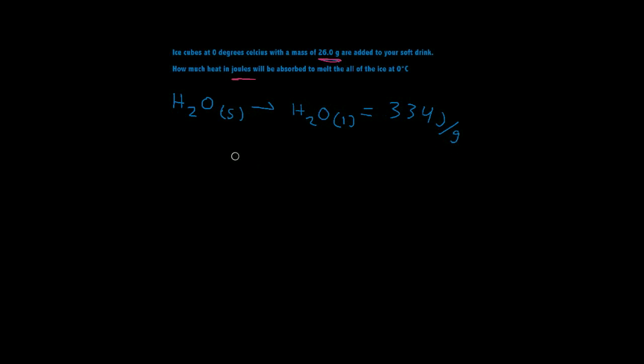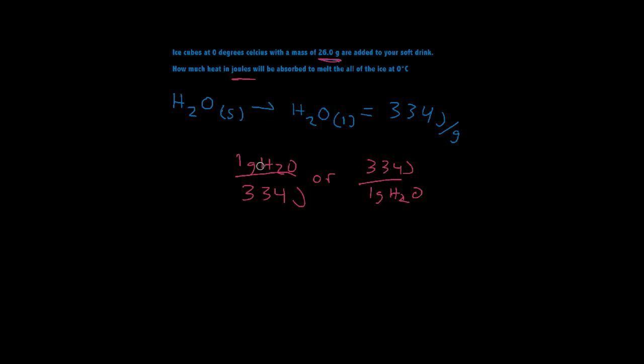That's the same thing as saying for every 1 gram of H2O going from a solid to a liquid, it takes 334 joules. Or we could write this as for every 334 joules, we have 1 gram of H2O going from a solid to a liquid. Those mean the same thing.